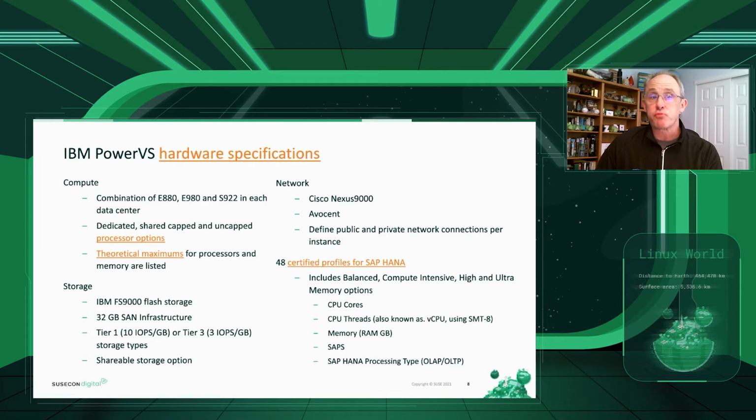Power systems processors and memory options include, for example, on the E880, it can provision up to 143 processors and up to 7.5 terabytes of memory. For the E980, it can provision up to 143 processors and up to just over 15 terabytes.